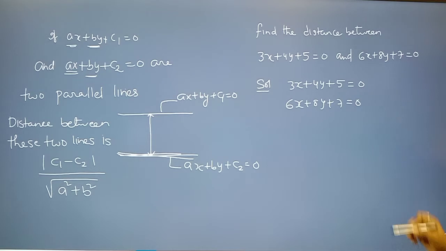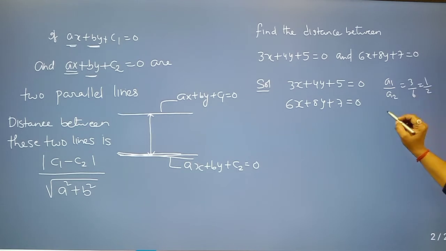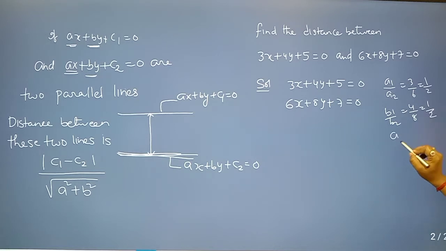Clearly you observe here a1 by a2 is equal to 3 by 6, which is 1 by 2, and b1 by b2 is equal to 4 by 8, that is also 1 by 2. So the ratio of x coefficients is equal to the ratio of y coefficients.